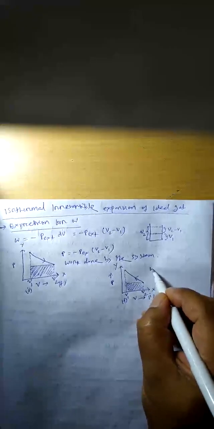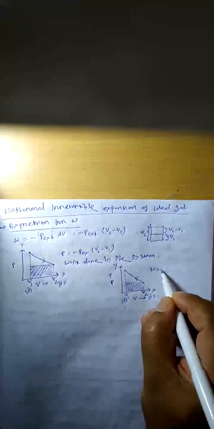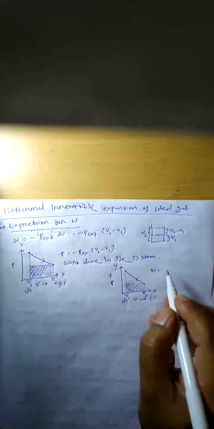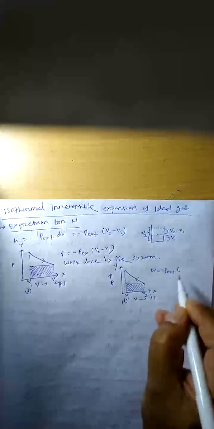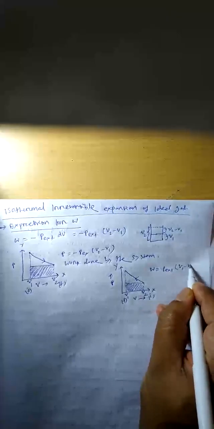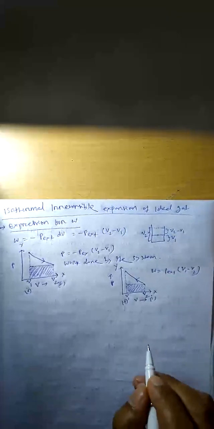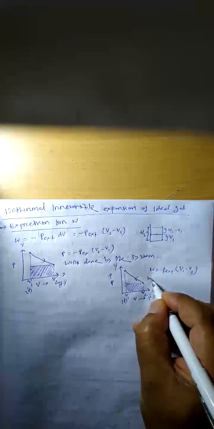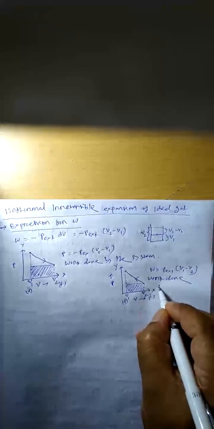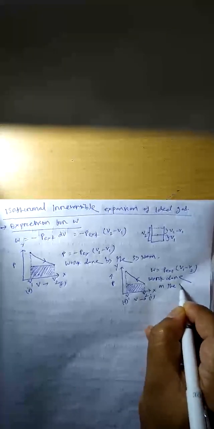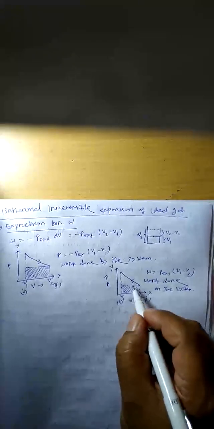That means work done is work done on the system. It is positive. So it is P external times (V1 minus V2). This is the work done on the system. Okay, this is compression.